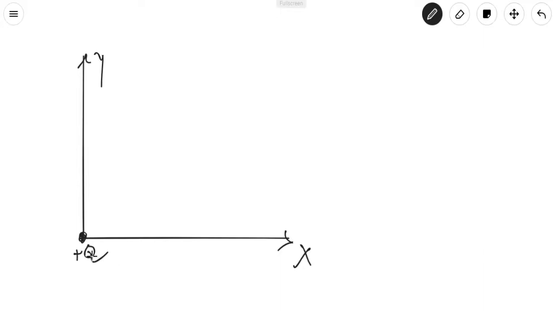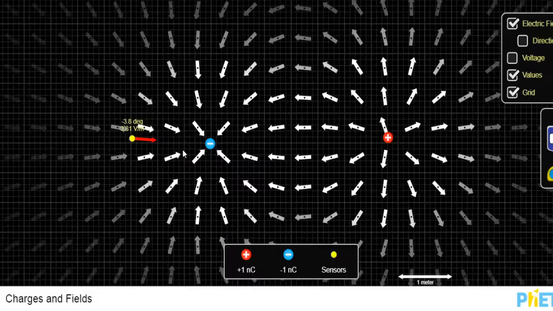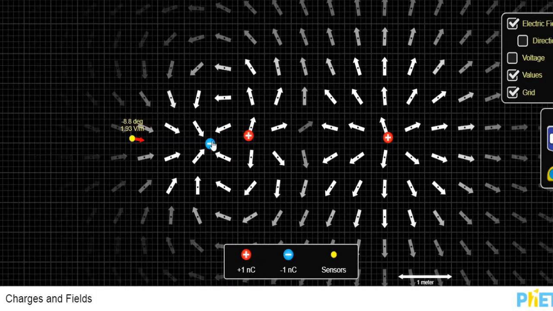For simplicity, we have placed this charge at the origin of the system. Now, because of this charge, the electric field around the charge, or in the space, will be in the outward direction. We have just seen that.